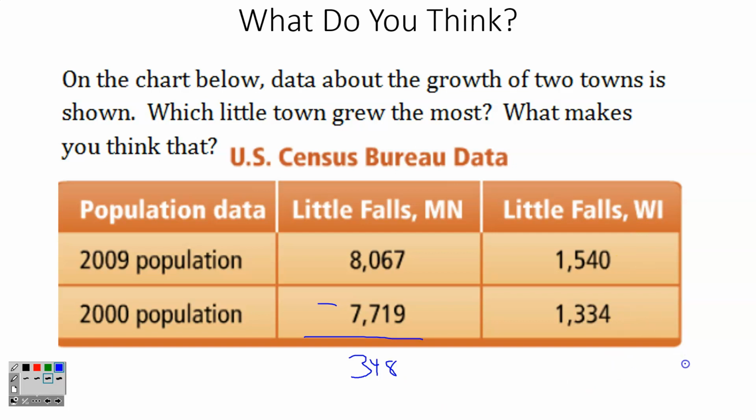This town, 1540 minus 1334, went up by 206. So some people would say that this town went up the most because, well, numbers increased the most. 348 is bigger than 206. Yeah, and that's one way to look at it, but we're going to learn that there's another way we could look at it as well.